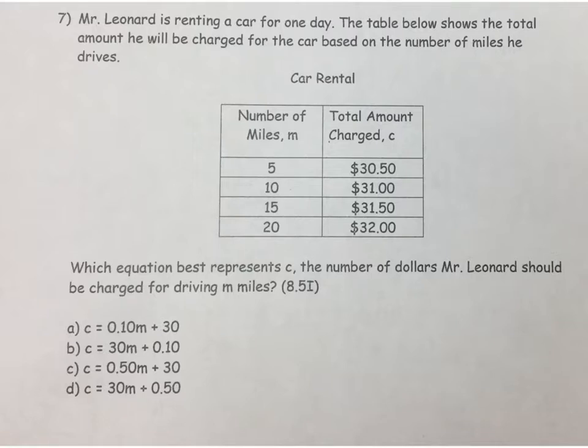Number 7. Mr. Leonard is renting a car for 1 day. The table below shows the total amount he will be charged for the car based on the number of miles he drives. We have number of miles M and the total amount charged C. Which equation best represents C, the number of dollars Mr. Leonard should be charged for driving M miles?